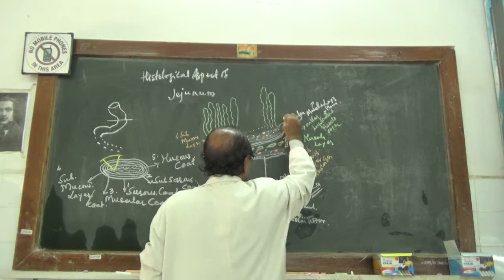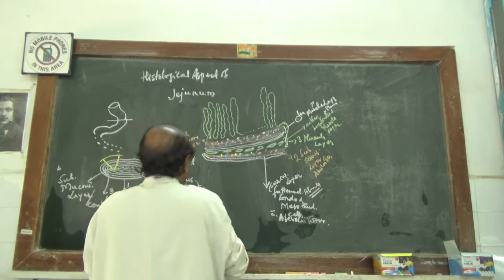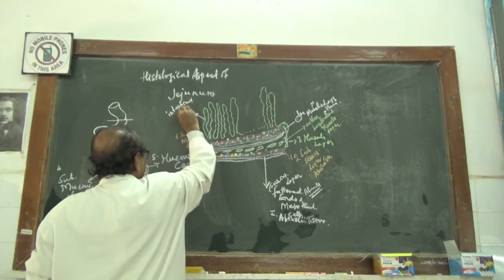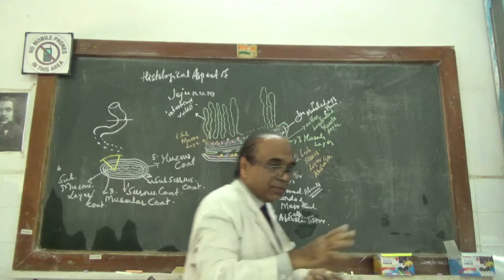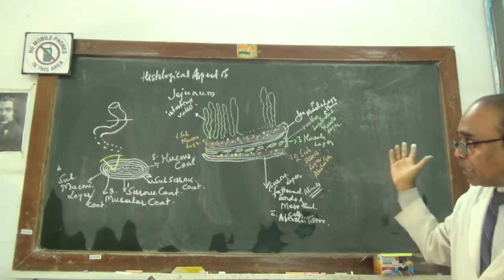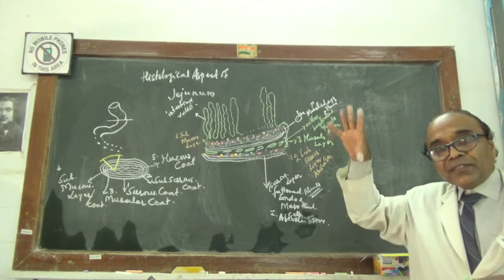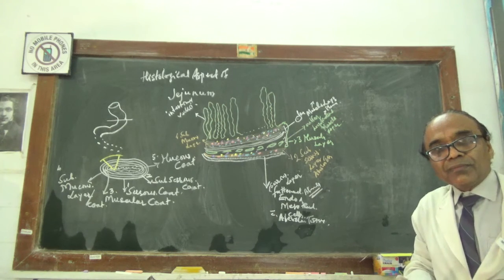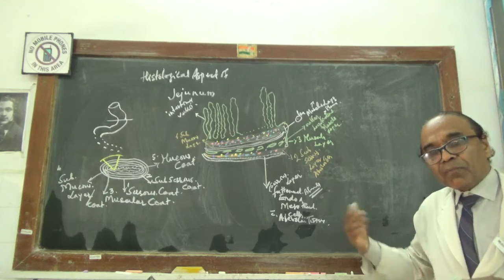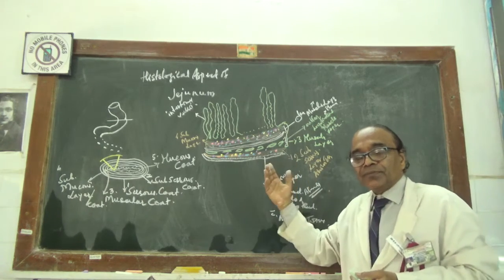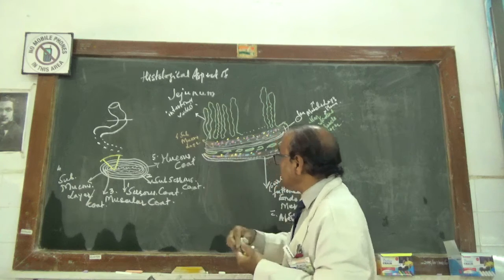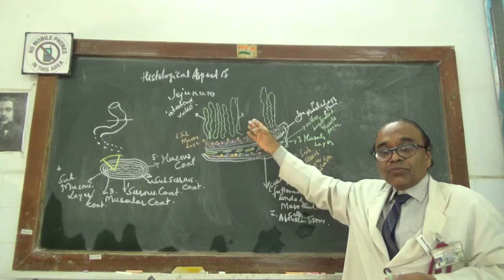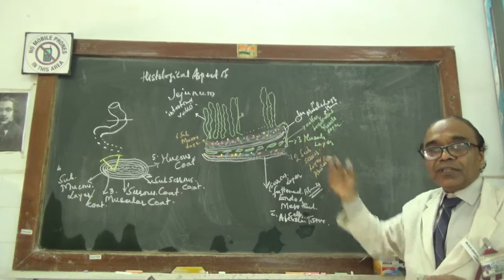Their height is less than the duodenum and the stomach in connection with that. This is the height. It is longer than that of the ileum.